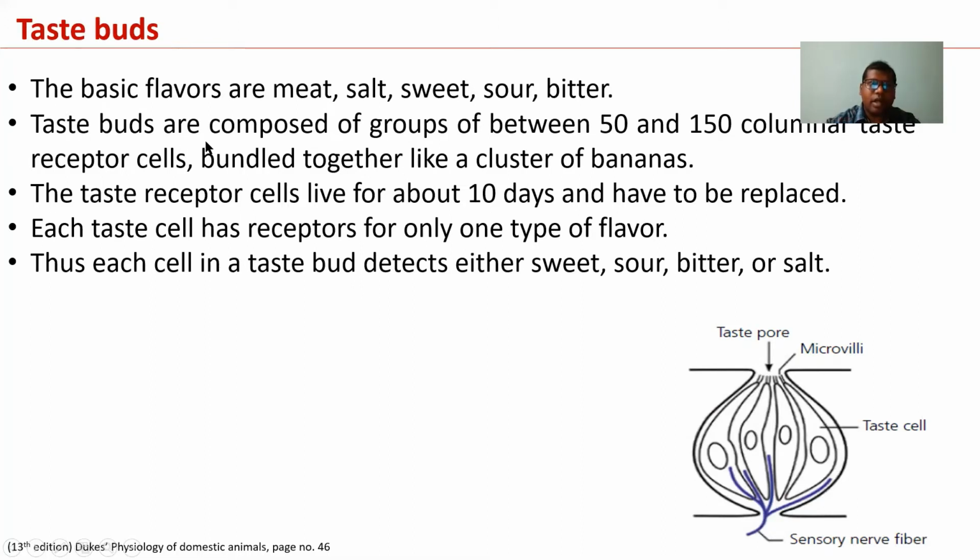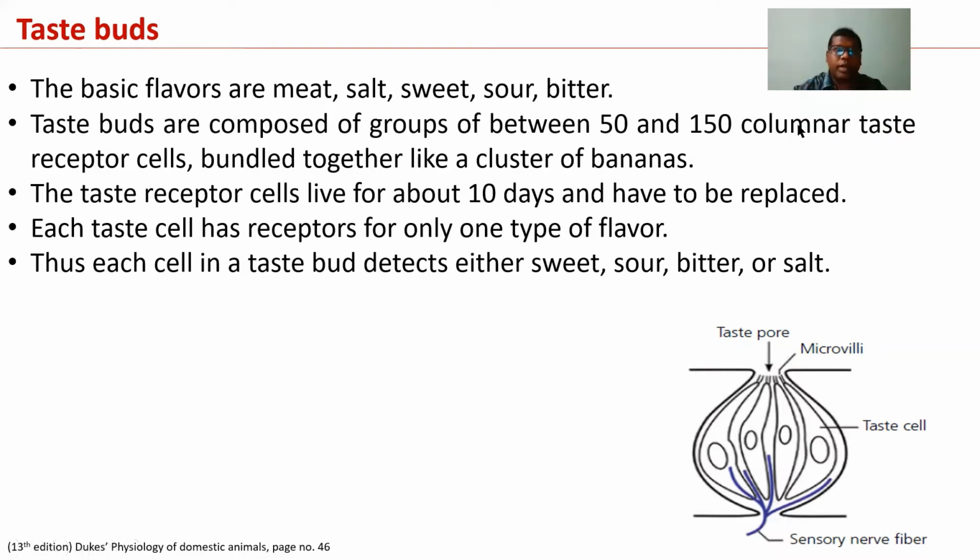Taste buds are composed of a group of between 50 to 150 columnar taste receptor cells, which are bundled together like a cluster of bananas. So this is an example of a taste bud which has many taste cells.